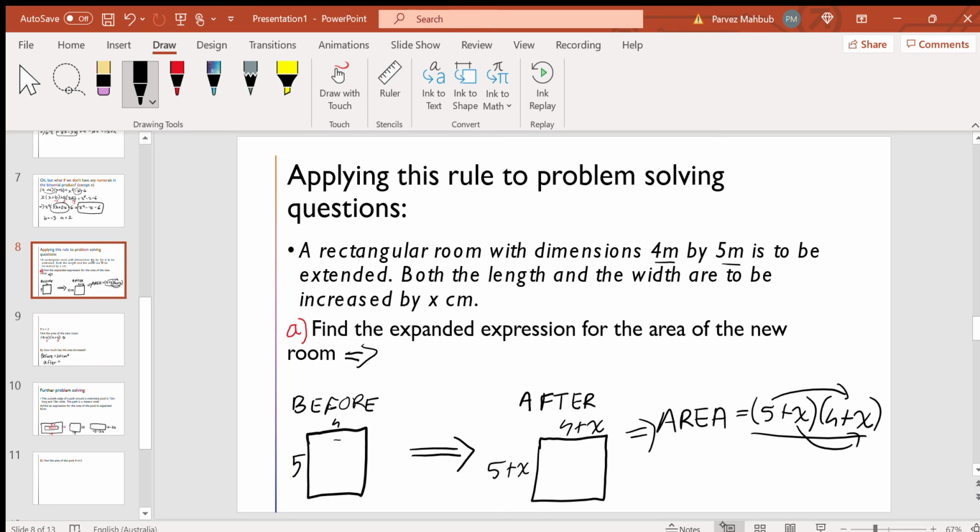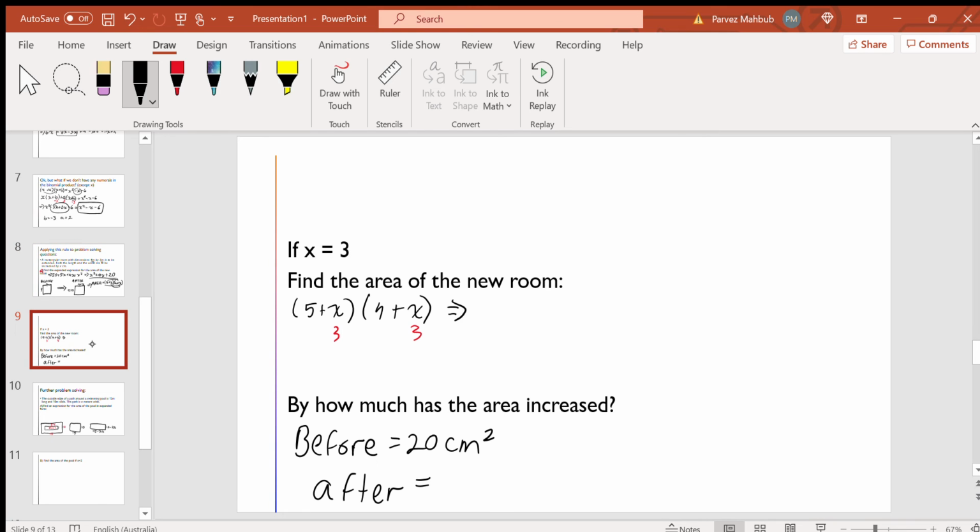So 20 plus 5x plus 4x plus x squared. I just rearranged it to make it easier to read: x squared plus 9x plus 20. That is our expanded expression.